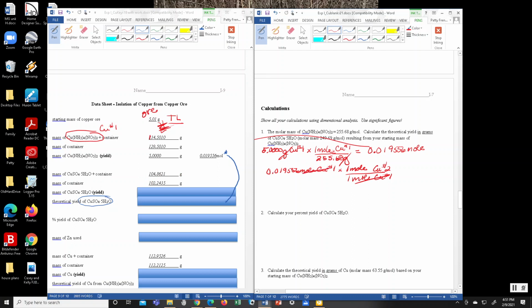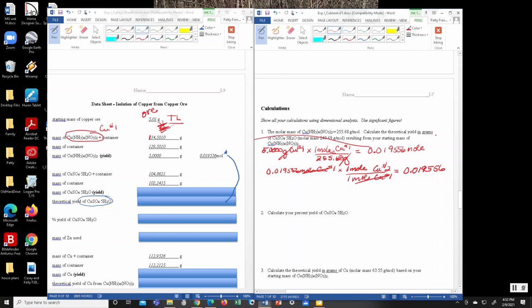Our units cancel and we end up with 0.019556 moles of copper 2 sulfate pentahydrate.